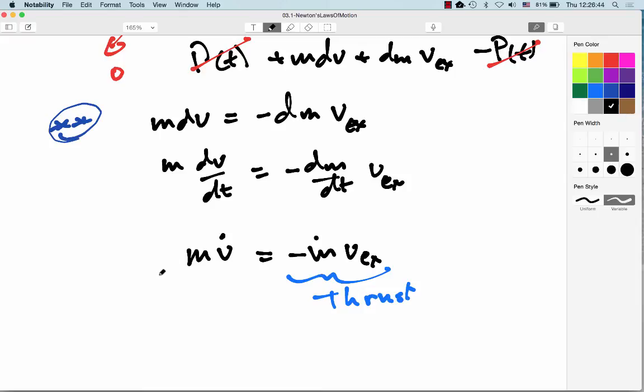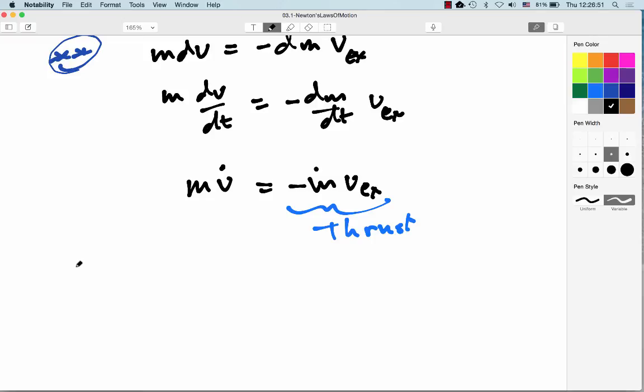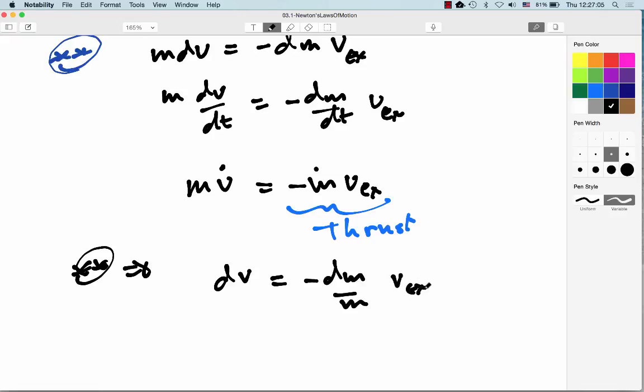So taking our double star from before, we can rearrange that a bit. We can get dv all by itself is equal to minus dm over m times v exhaust. Okay. And then I can integrate both sides.